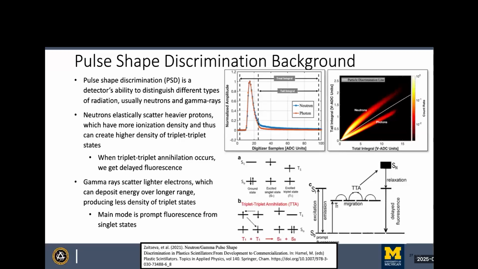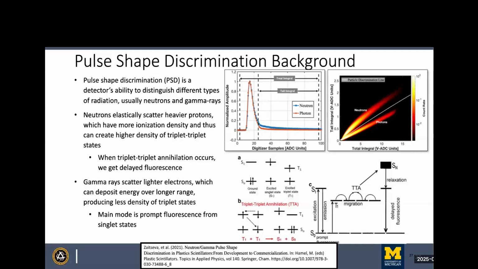The neutrons elastically scatter off of heavier protons, which have more ionization density and thus can create a higher density of triplet states. And when these annihilate, we get delayed fluorescence. In picture B on the bottom, there's a little diagram of energy transition states.